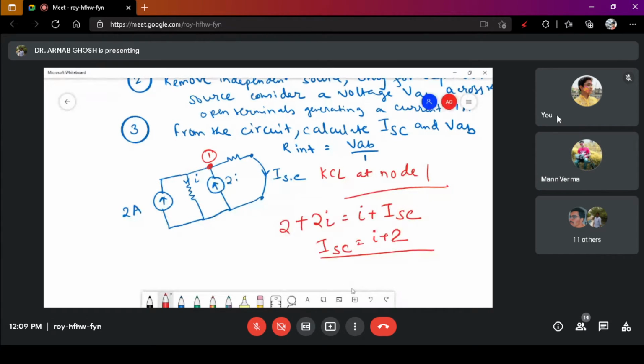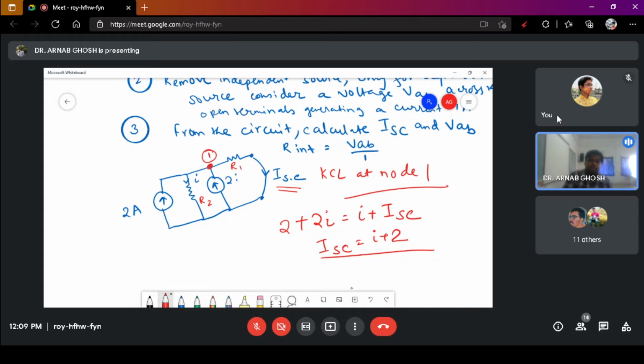There are basically 2 loops in the circuit, because if you are taking this as a common mesh, a super mesh, so this is one loop and this is another loop. This is R2, this is R1. We are concerned about this ISC, so we will just focus on this loop.